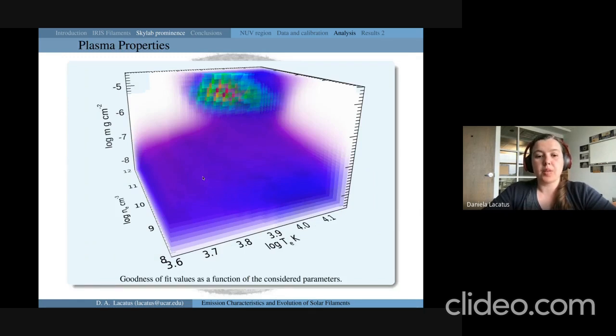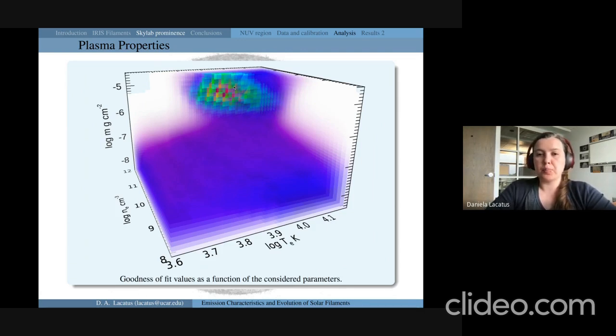So here I'm showing the goodness of fit hypercube of the different considered plasma properties. As you can see, we have a whole bunch of parameters that would produce very similar relative intensities to those observed in this case.